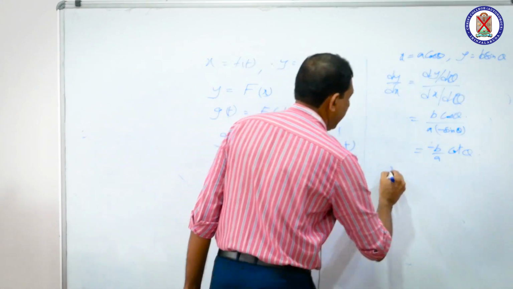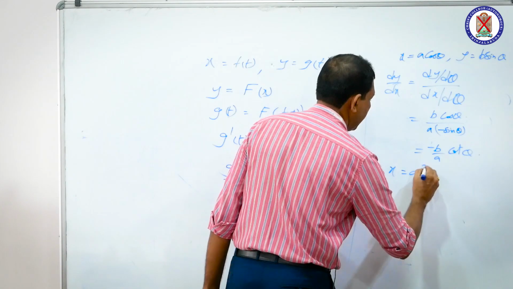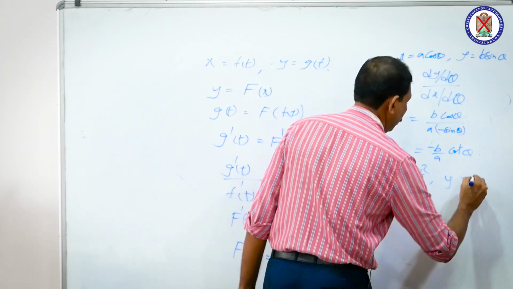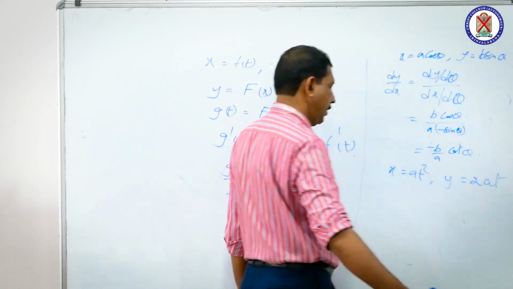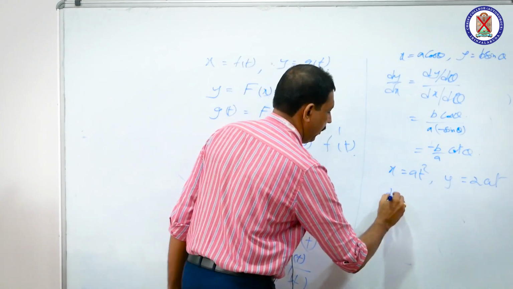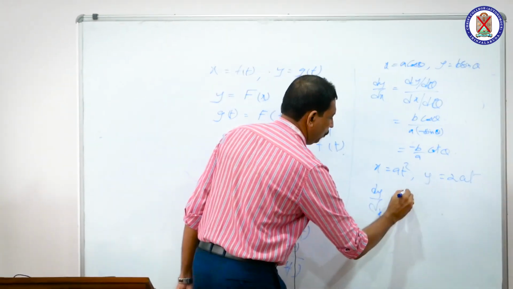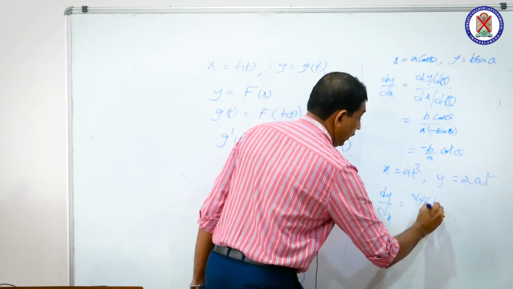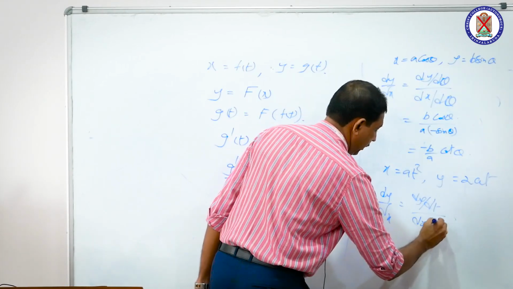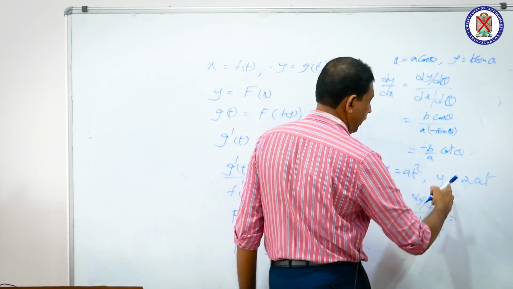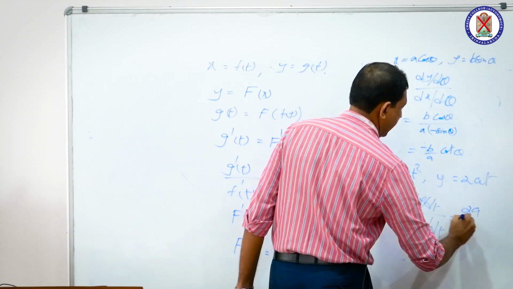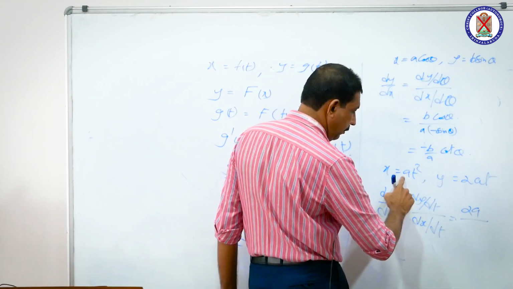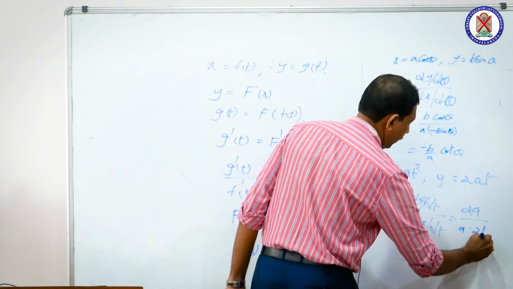Another one is x equal to a t square, y equal to 2at, another parametric representation. What will be dy by dx is equal to dy by dt divided by dx by dt, that is equal to, dy by dt, you know, 2a divided by dx by dt, that means a into 2t.